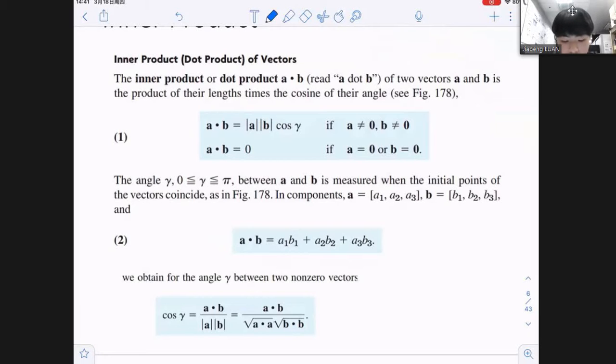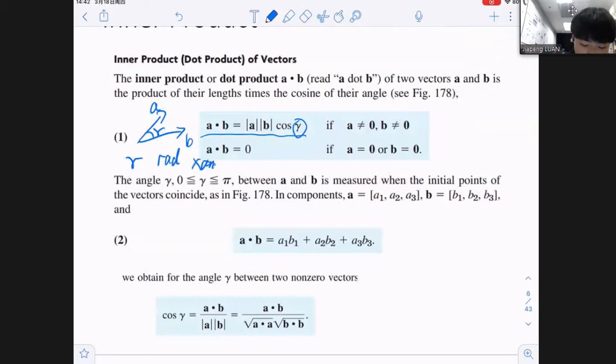For the dot product, if we have two vectors A and B, if A is not 0 and B is not 0, then A dot B, you have this equation where gamma is the angle between A and B. You have to remember that this gamma is in the unit of radians, but not degrees. So gamma can be like pi over 2 or pi over 6, something like that, but not 30 degrees or 60 degrees.